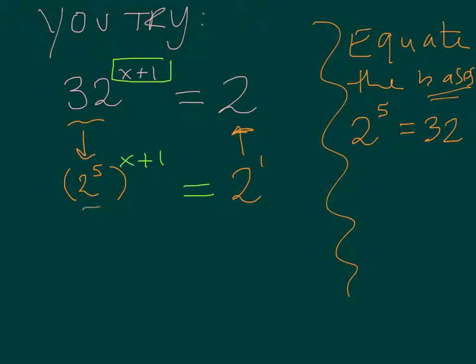Now that my bases are alike, we can distribute the exponents. So we have 2 to the 5x, and don't forget to distribute the 5 to the 1, plus 5, is equal to 2 to the 1.